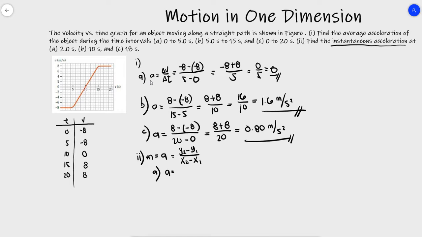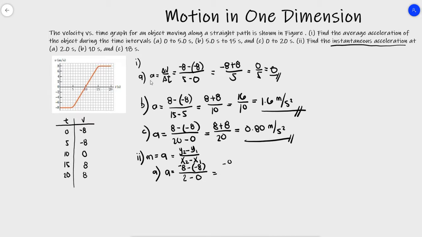For letter A, what is y sub 2? Getting any point here, y sub 2 is negative 8 minus negative 8, all over, getting any value for x sub 2, x sub 2 minus 0.